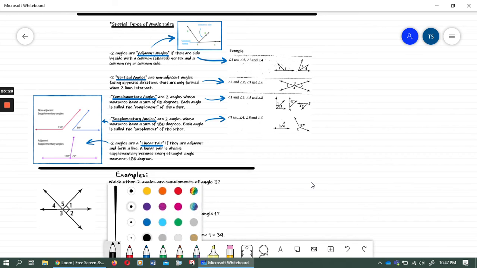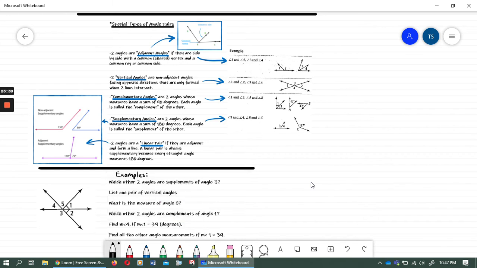All right, so here it says, and we're using this diagram right there, which other two angles are supplements of angle 3? So which other two angles are supplements of angle 3?